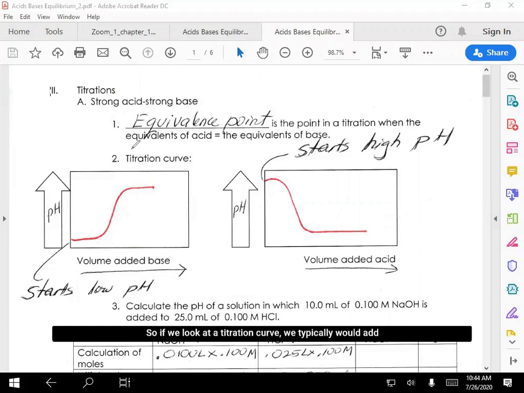So if we look at a titration curve, we typically would add base, and so this would be your starting point where you have 0 base, and then we would have the pH going up this way. So if you see that the pH is starting low, that means that you're adding base. So the pH will start low, your equivalence point would be right here at the midpoint.